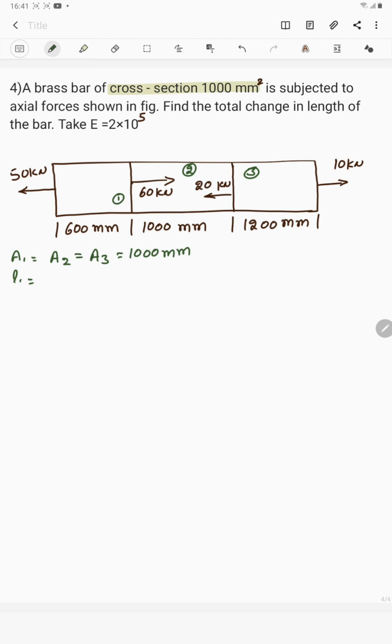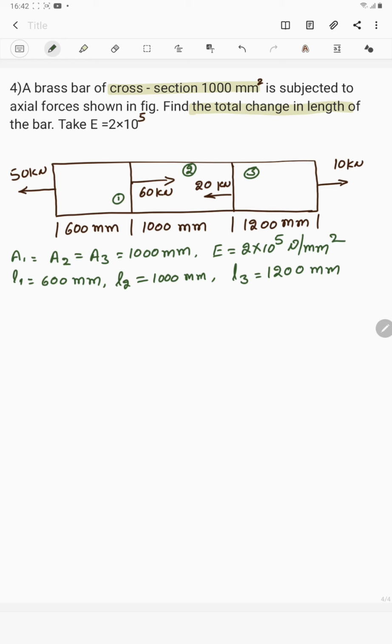I can say that L1 equal to 600 mm, L2 equal to 1000 mm and L3 equal to 1200 mm. Find the total change in length of the bar. Young's modulus E is given, E equal to 2 into 10 raised 5 Newton per millimeter square.